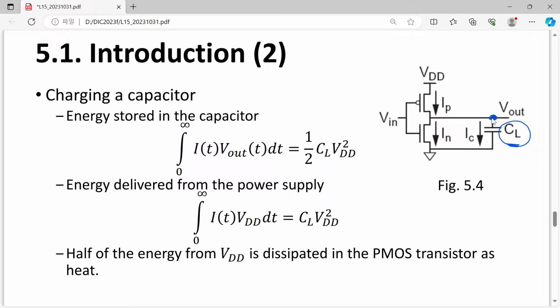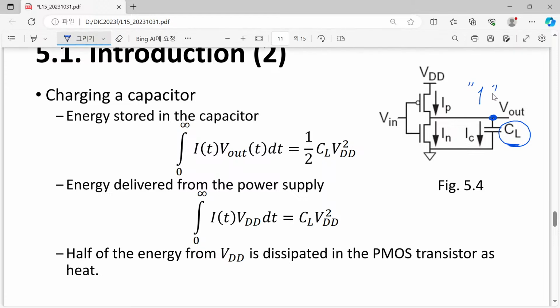How can we charge it? In order to charge this, the output should go from logical 0 to logical 1, so the input should be logical 0. Starting from the original input logical 1, the output will be 0.